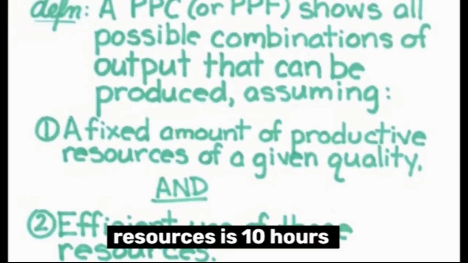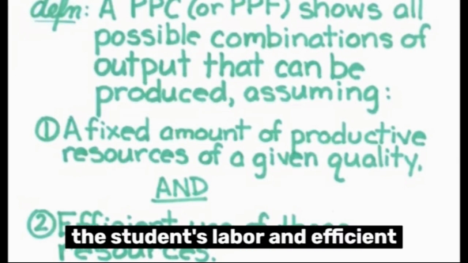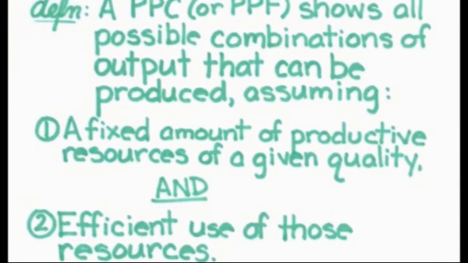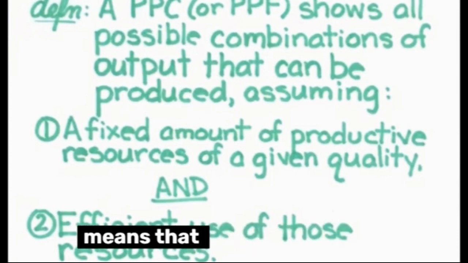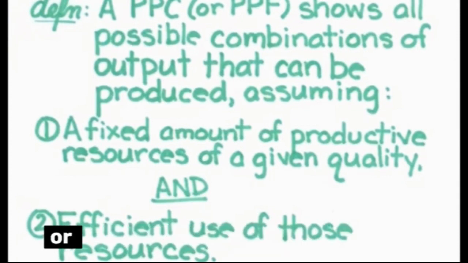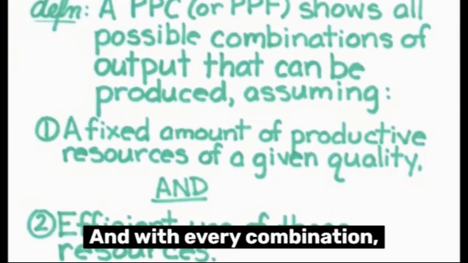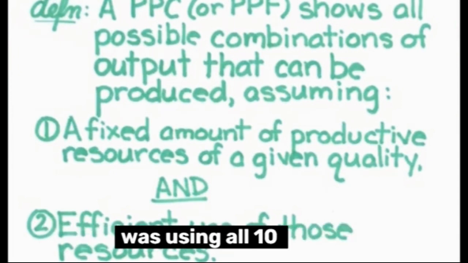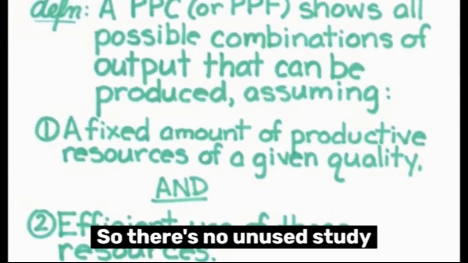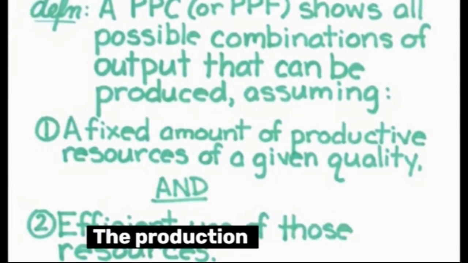Fixed amount of productive resources is 10 hours of the student's labor, and efficient use of the resources, well, by definition, efficiency means that there's no unused or wasted or unemployed resources, and with every combination we made sure that the student was using all 10 hours, so there's no unused study time.